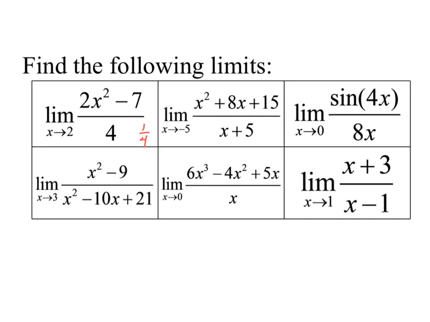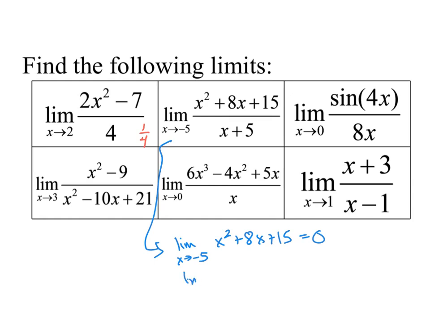Just a reminder, in using L'Hopital's rule, to justify using it, there are lots of ways you can write this, but one nice way is you can say the limit as x approaches -5 of x squared plus 8x plus 15 is equal to 0.